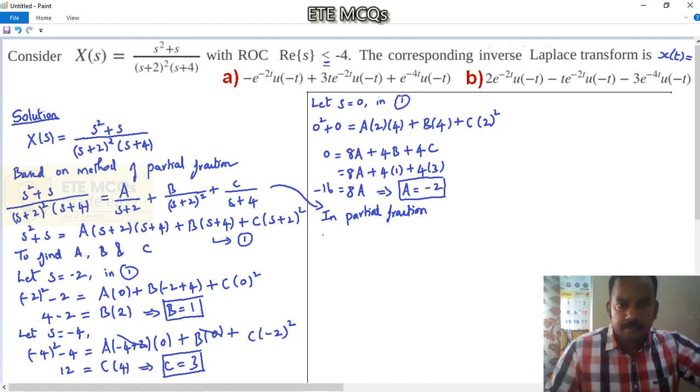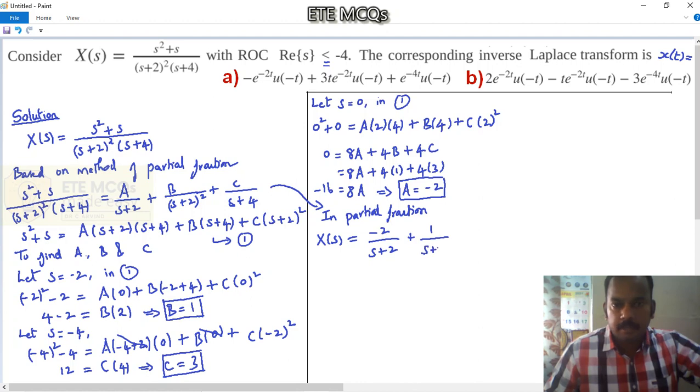We get X of s is equal to a is minus 2 divided by s plus 2, and b is 1, plus 1 divided by s plus 2 the whole squared, and c is 3, plus 3 divided by s plus 4.